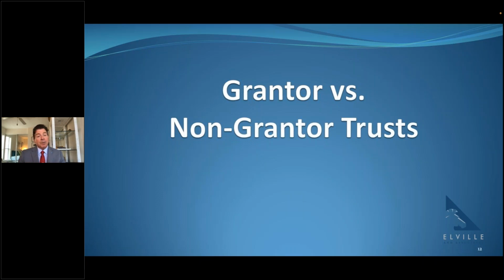That trust could be a simple revocable trust, or it could be one of the lifetime trusts that is typically drafted as a grantor trust, such as a Medicaid trust or a life insurance trust. A non-grantor trust is a trust where the trust itself pays the tax. And I think at this particular slide, I'm going to just digress for maybe a couple of minutes talking about trust taxation.